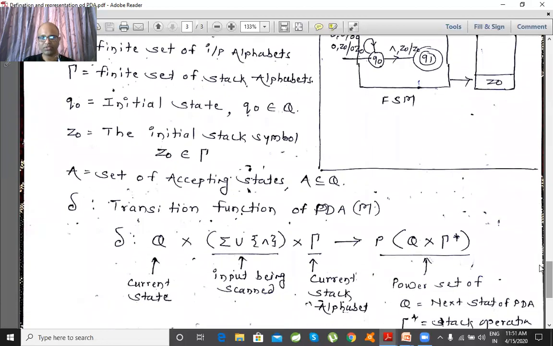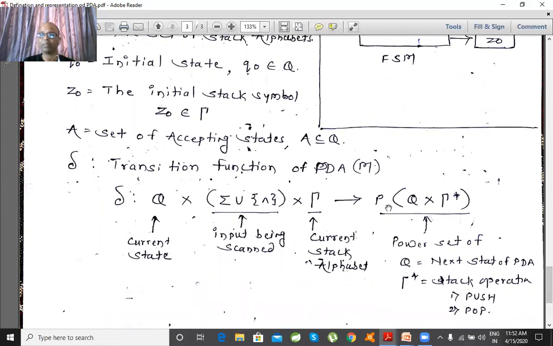And with the previous discussion, how this single move is represented: Q is the current state of the machine, what input it is reading, the input being scanned, and according to this, what is currently available on top of stack. According to these 3 information and applying a particular logic, it takes its next move, and it can be any possible combination of a particular state and stack alphabet combination.